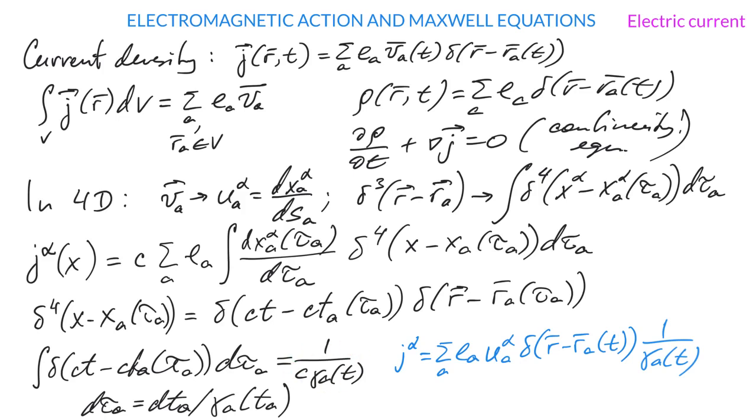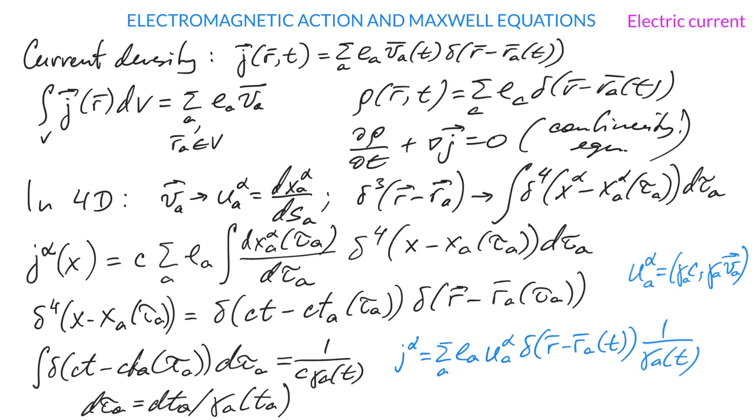Now recall the definition of the four-velocity. So u^alpha is gamma c, gamma v. The velocity and gamma here are for particle number a. So we substitute this here.